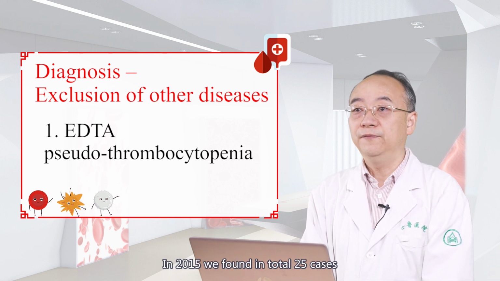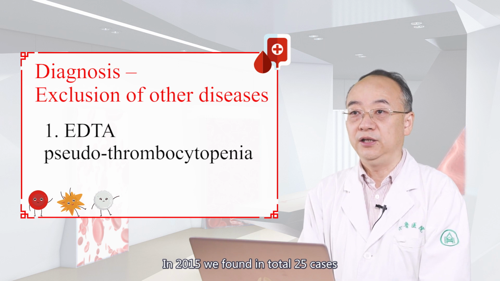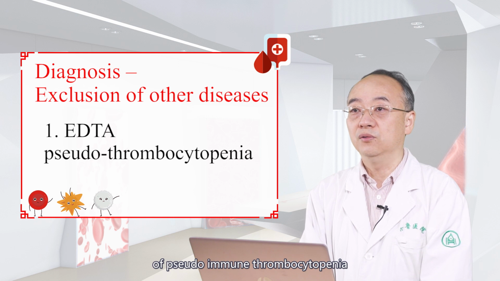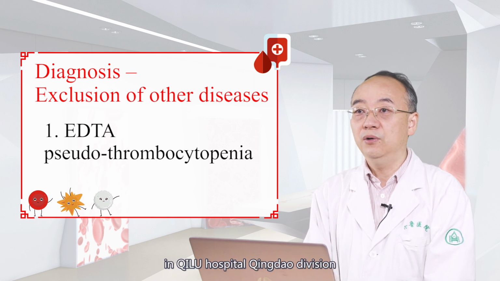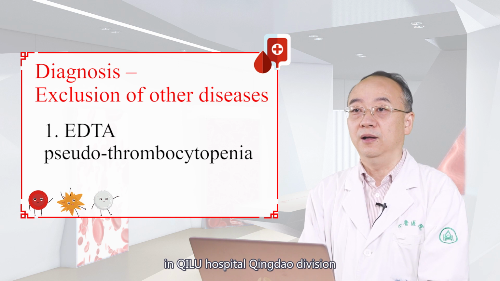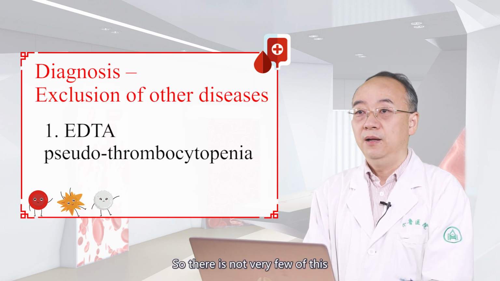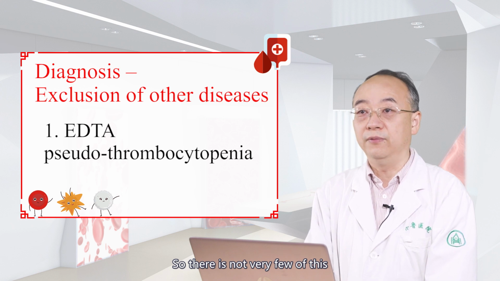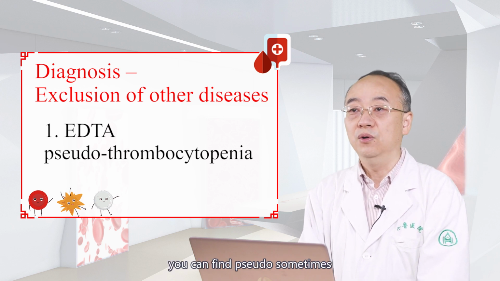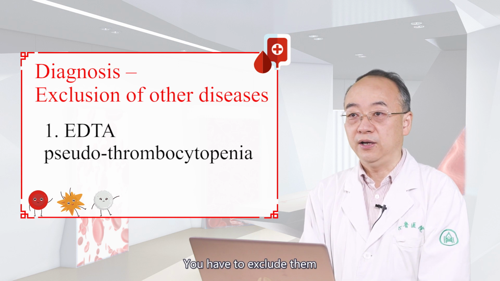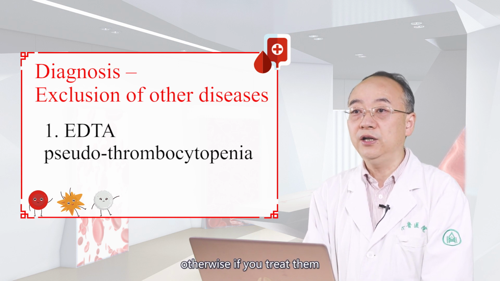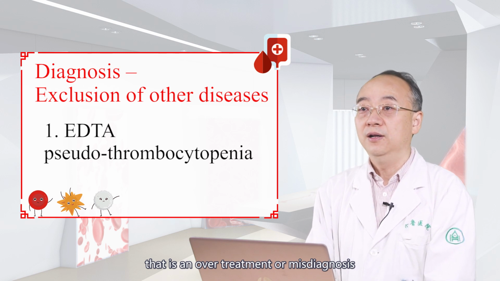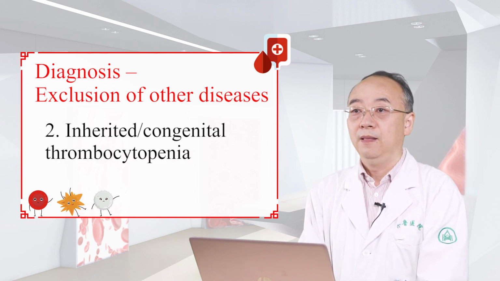In 2015, we found a total of 25 cases of pseudo-immune thrombocytopenia in Qilu Hospital, Qingdao Division. So there are not very few of these. You can sometimes find pseudo cases. You have to exclude them. Otherwise, if you treat them, that is over-treatment or a misdiagnosis.